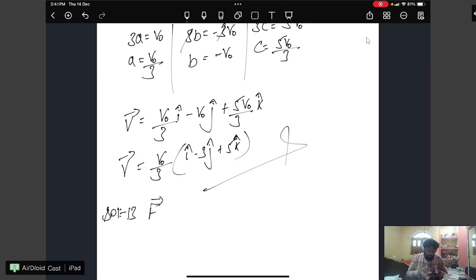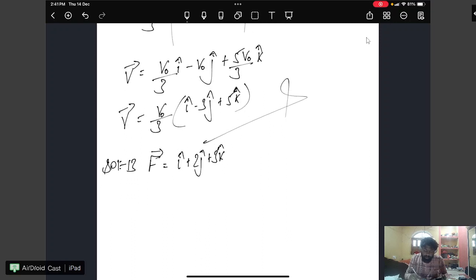So the F vector they are saying is i cap plus 2j cap plus 3k cap, and R1 vector is i cap plus j cap plus k cap, and R2 vector is i cap minus j cap plus 2k cap.